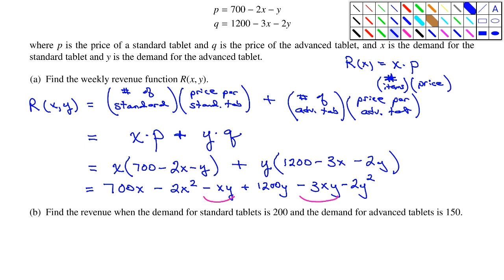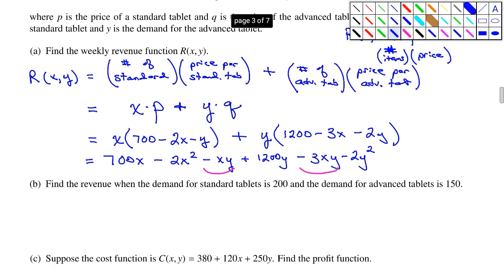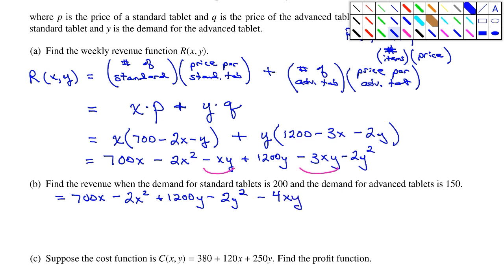Let me write that right here. So this would be 700x minus 2x squared plus 1200y minus 2y squared minus 4xy, where those two terms combined.